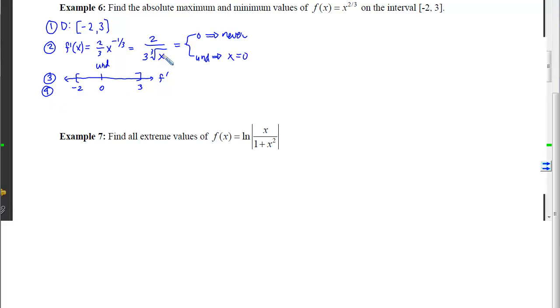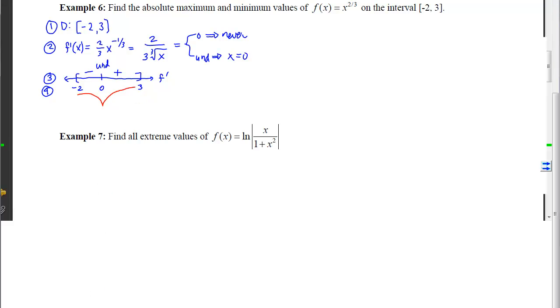If I plug in a -1, I will get a negative output, which means I have a negative slope. If I plug in a +1, I get a positive slope. So I can sketch my picture, which is going to look something like a fall with a corner and then a rise. So we can see that I have a possible minimum here and I have possible maxes here.